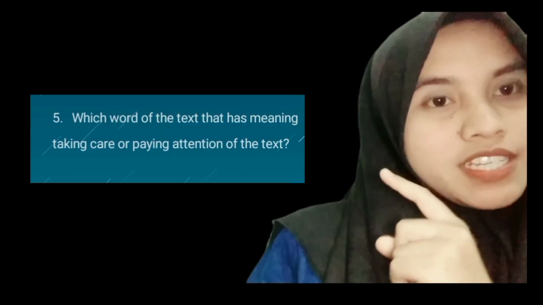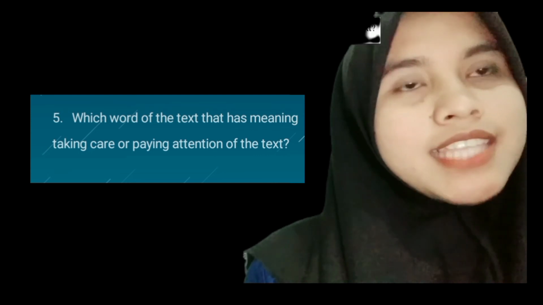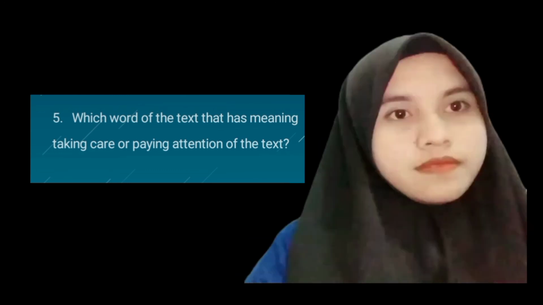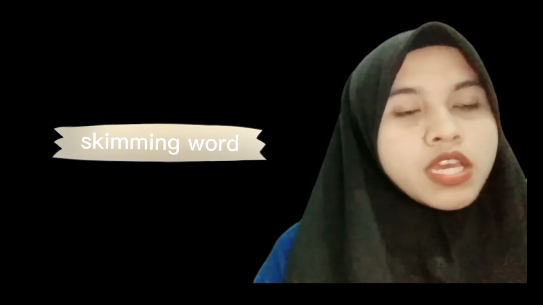Next, question number 5. This is the question: which word of the text has the meaning of taking care or paying attention? To answer this question, we can use our reading skill. There is skimming. We can skim the steps of how to make a cupcake, and then find a word similar to the keyword.